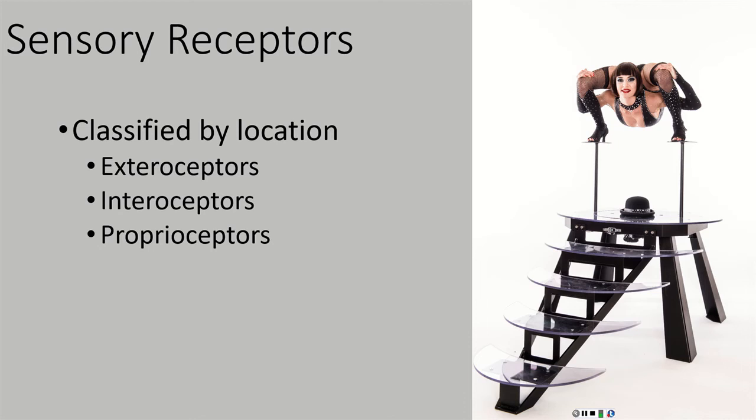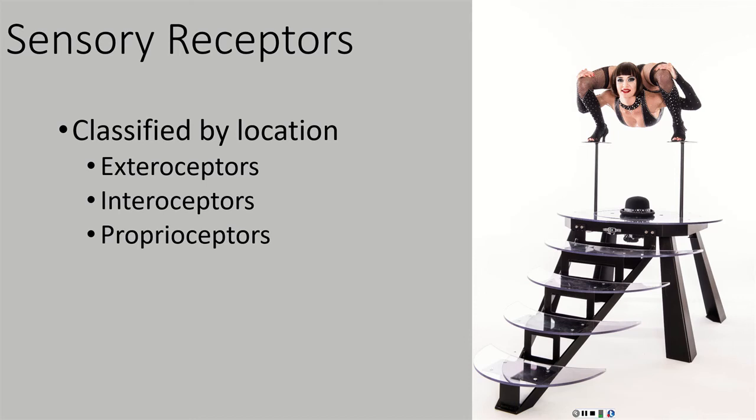So when you walk outside and it's cold, or when you look at a light and the bright light hits your eye, or when you breathe in and something smells like flowers. Well, all of those stimuli arose outside of your body. So those are all examples of exteroceptors.